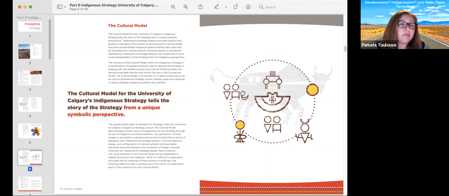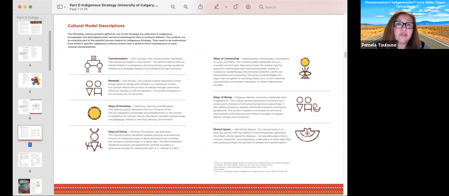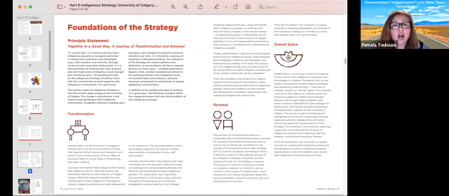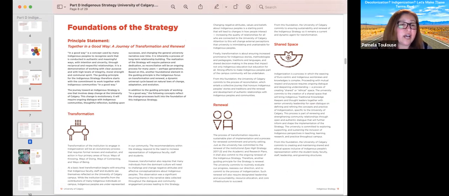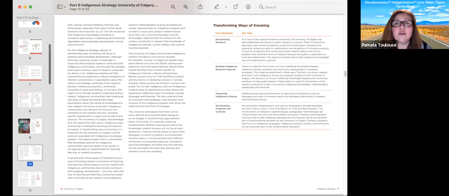We are symbolic people. And from there, they said, here's how we're going to transform and indigenize our institution: through renewal, ways of knowing, ways of doing, connecting, being, and shared spaces. Then they took those models described by the elders, and they could create their plan.